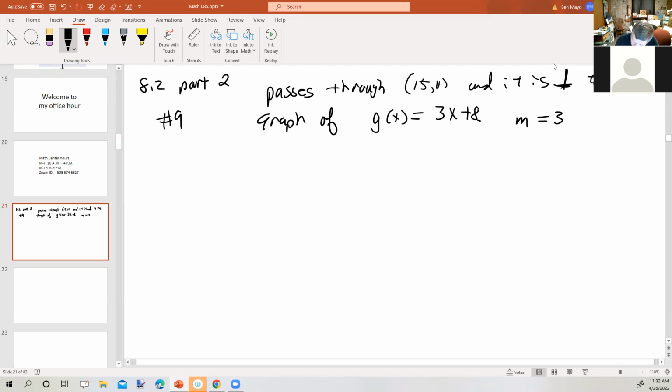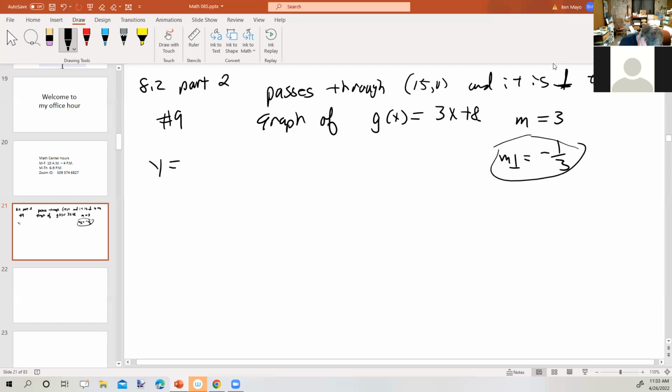The negative reciprocal of that would be negative 1/3. So the slope of the perpendicular line would be negative 1/3. That's the slope I'm going to use moving forward.